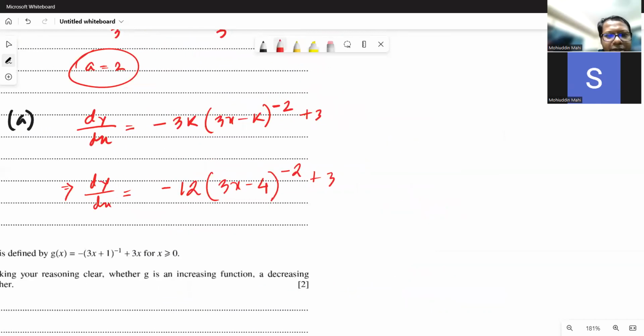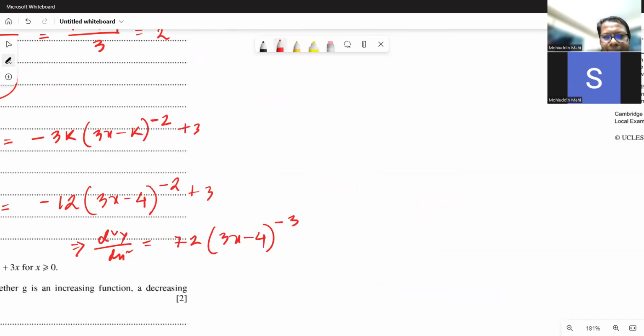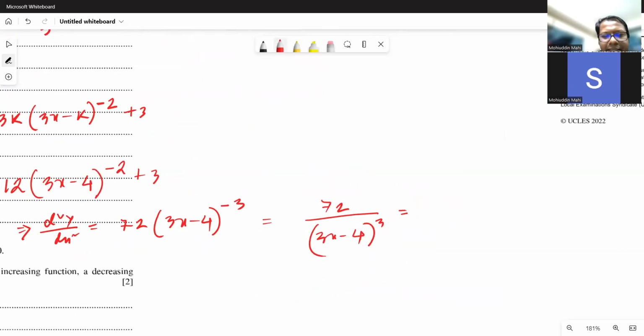Now, as we have to find the nature of the stationary point, we're going to differentiate the function again. Let's put the value of x as 2.